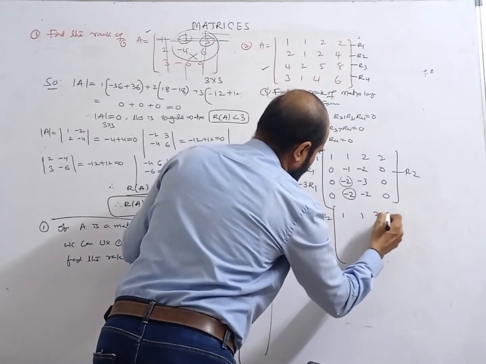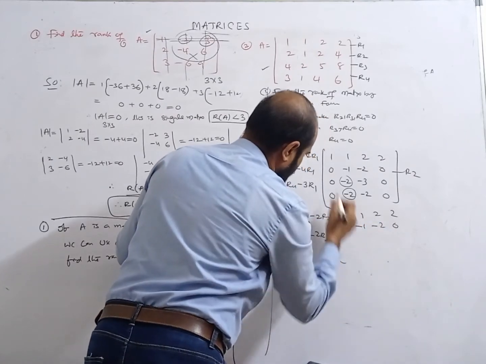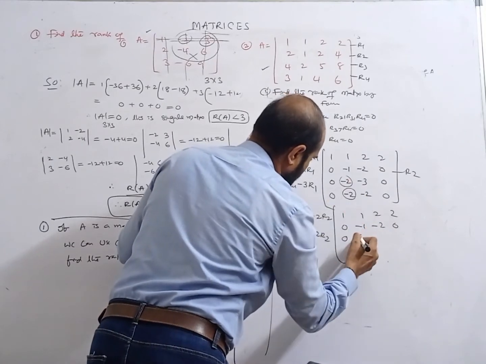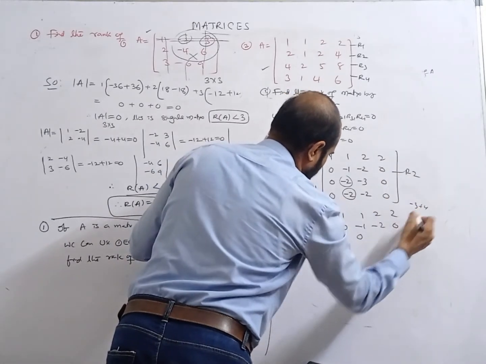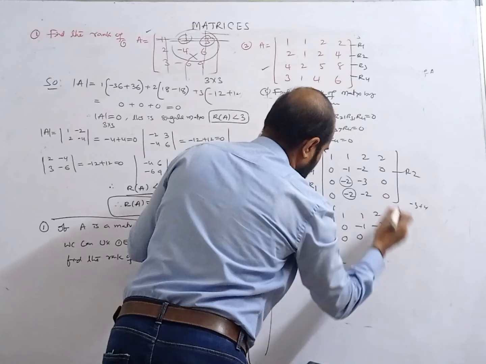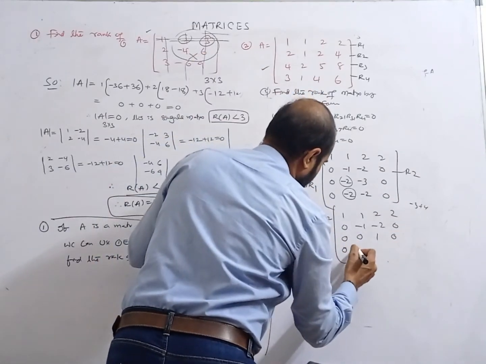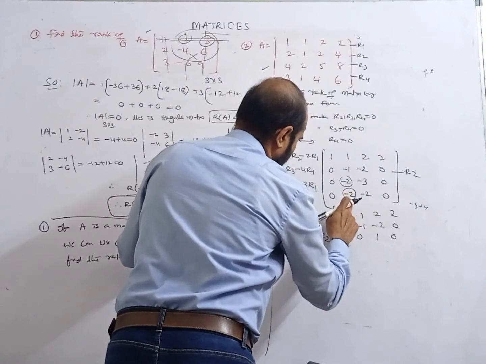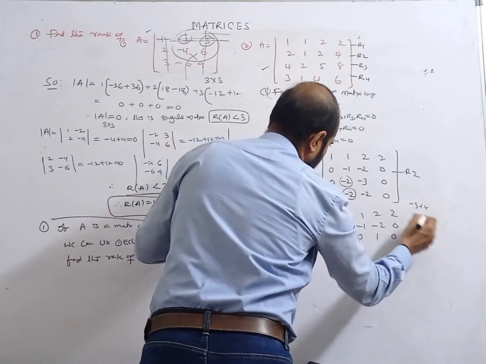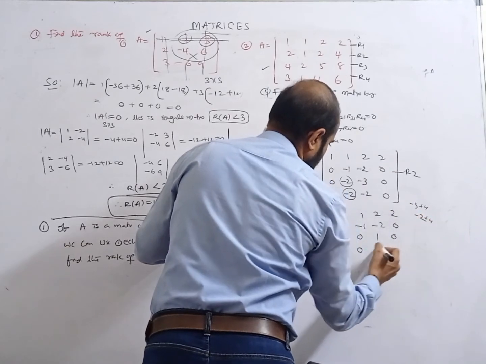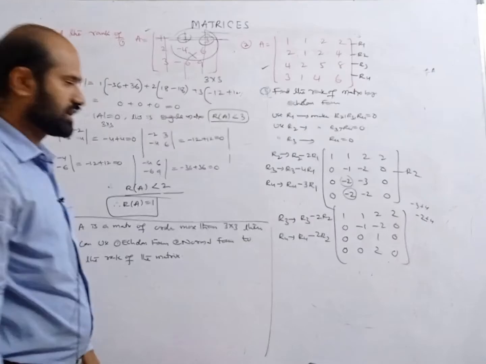So R3 minus 2R2 gives 0, 0, 1, 0. R4 minus 2R2 gives 0, 0, 2, 0. So this is the matrix, right?